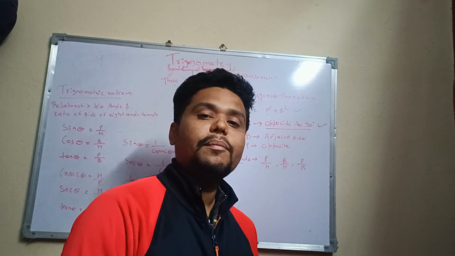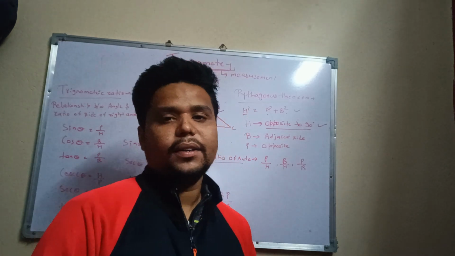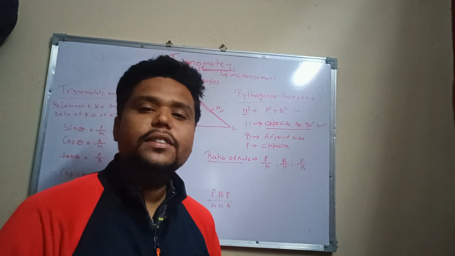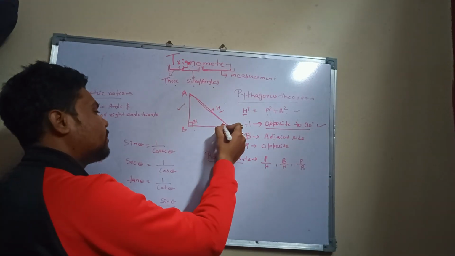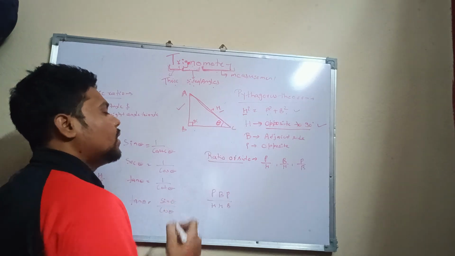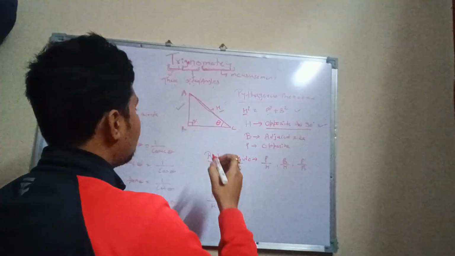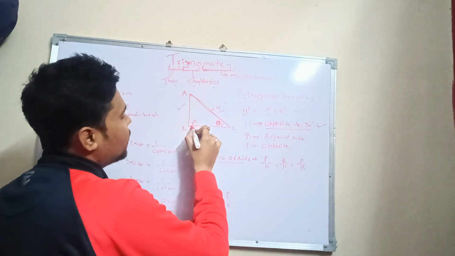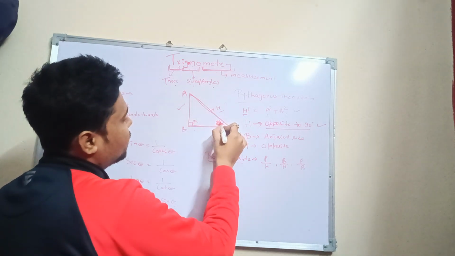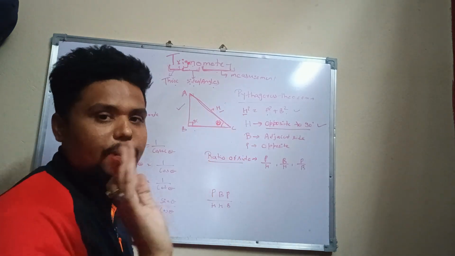And what about perpendicular and base in trigonometry? Our perpendicular and base change with the angle. Let's say we assume here theta. Our base will become the side which is adjacent to the angle theta, except the hypotenuse.